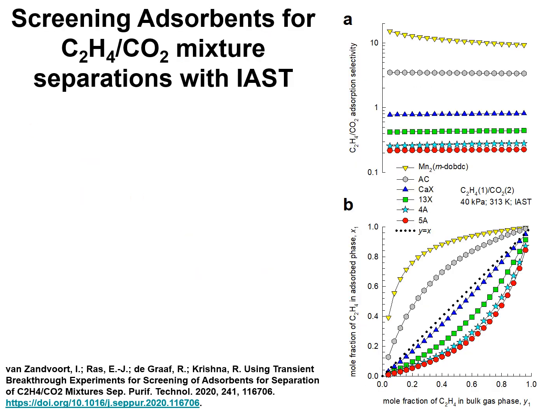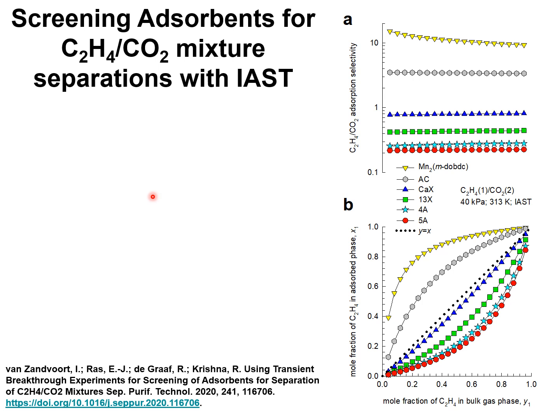For recovery of ethene from the reactor products in the OCM process, we need to have adsorbents that are selective to ethene, especially with respect to CO2. This is the crucial separation that is encountered.